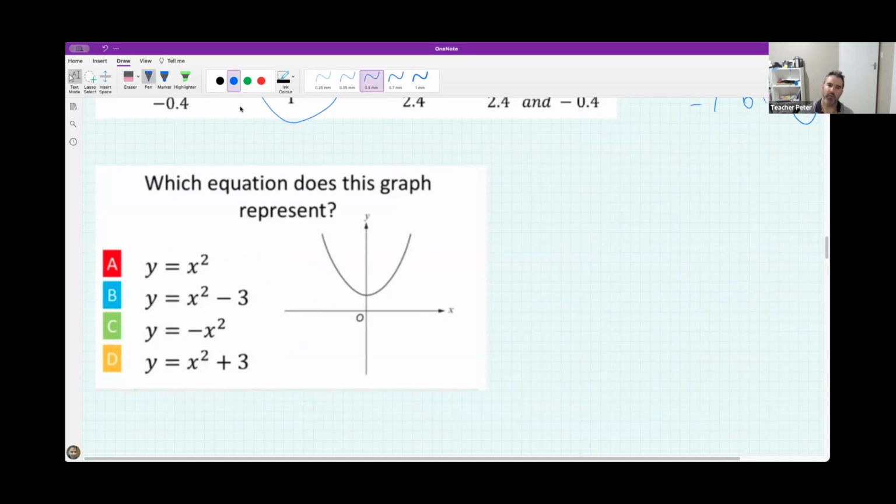So I would advise you to look, what are the x-intercepts? What are the y-intercepts of this graph to try and help you on your journey?